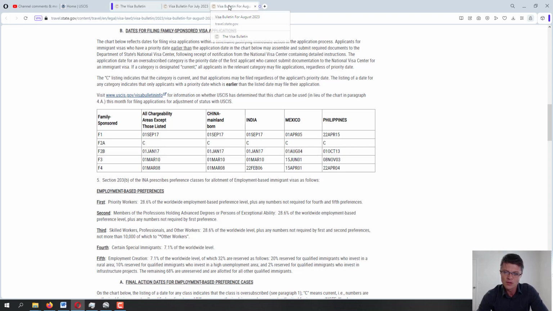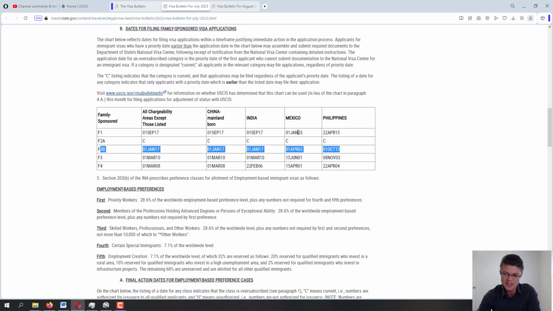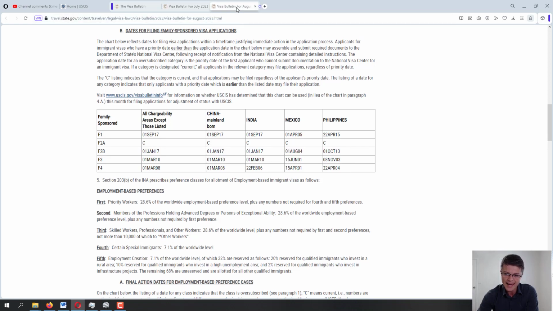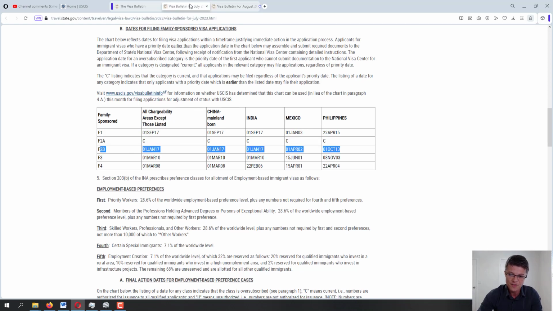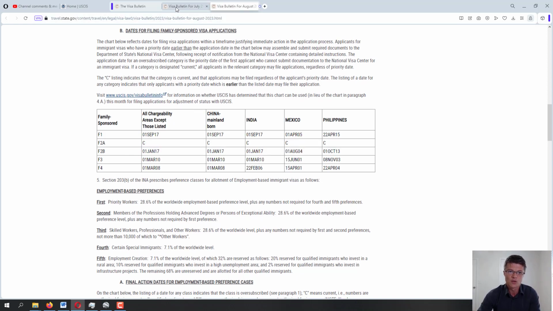For Mexico, we did get some movement as well, from April 2002 in the July 2023 Visa Bulletin to August 2004. So again, April, May, June, July, August, about 2 years and 3 or 4 months. That's pretty good. So we've seen some positive movement for Mexico for the F2B category. And then Philippines, no change.